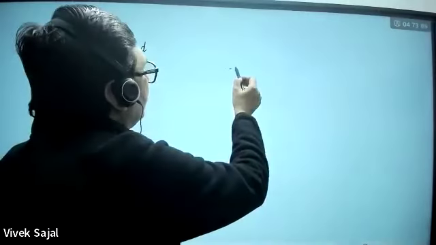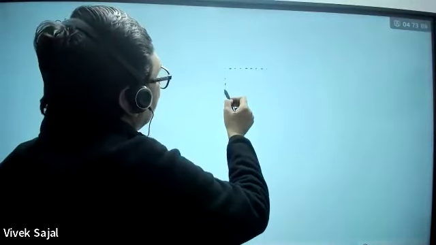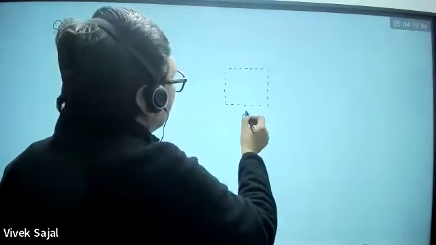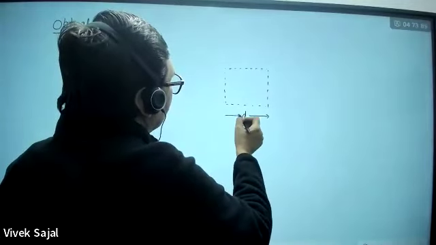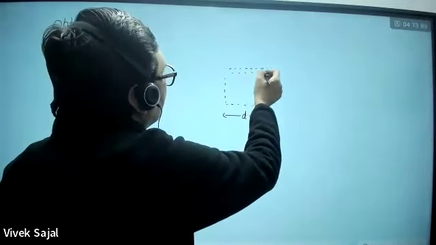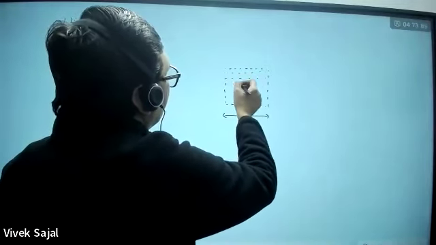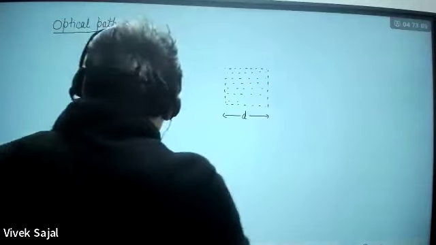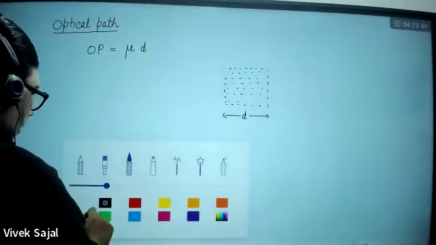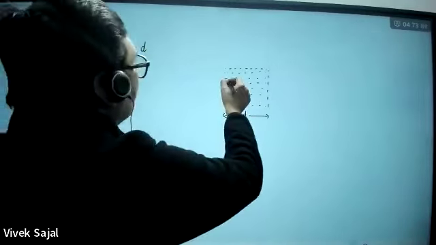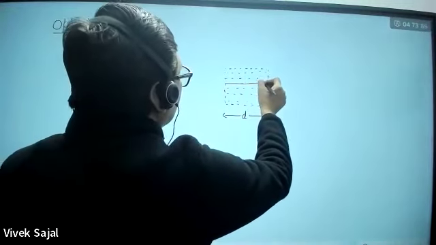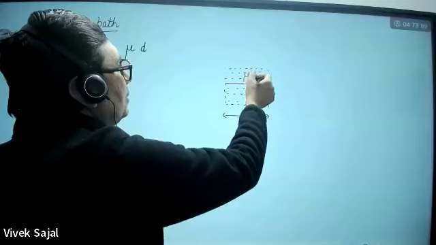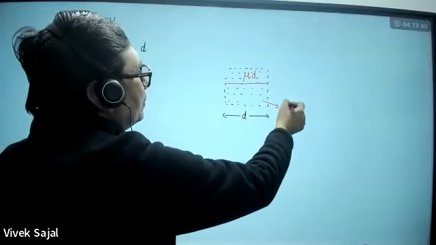So suppose there is a medium here, some medium whose width is d. What is the optical path from here to here? The optical path from here to here is equal to mu into d, if mu is the refractive index of this medium.